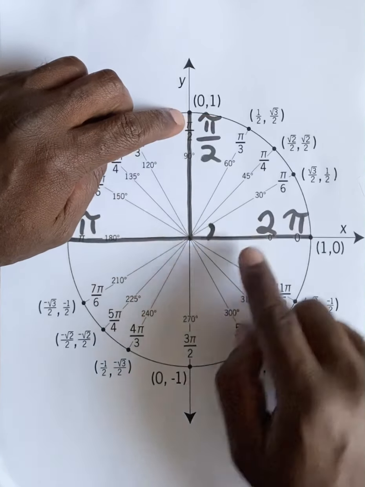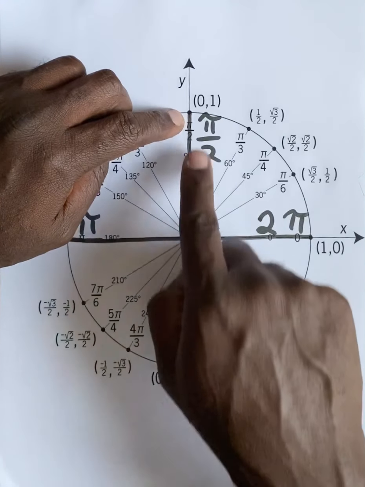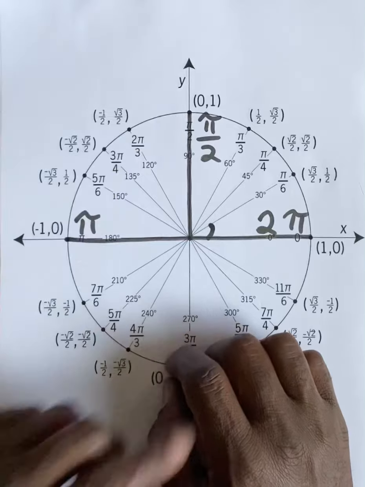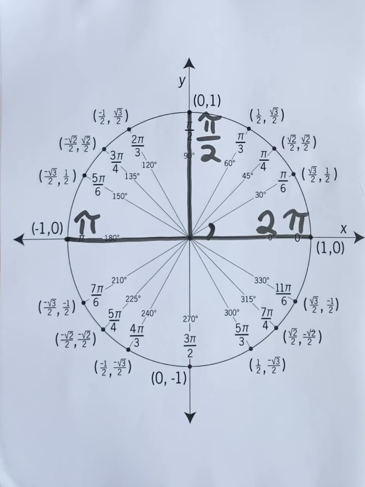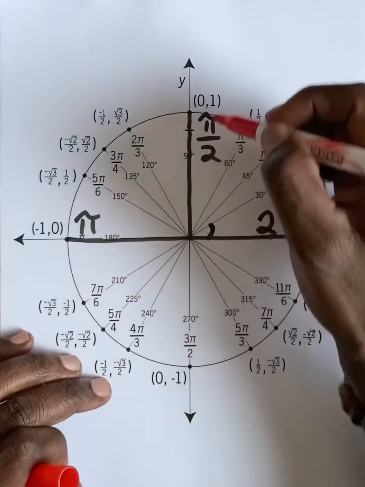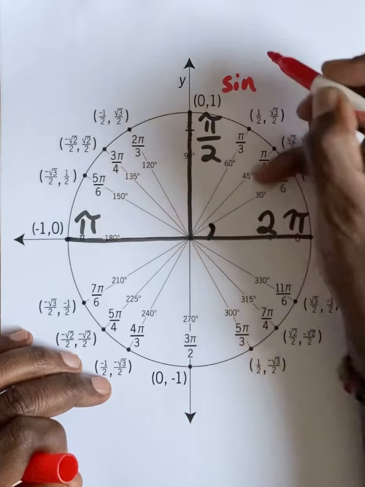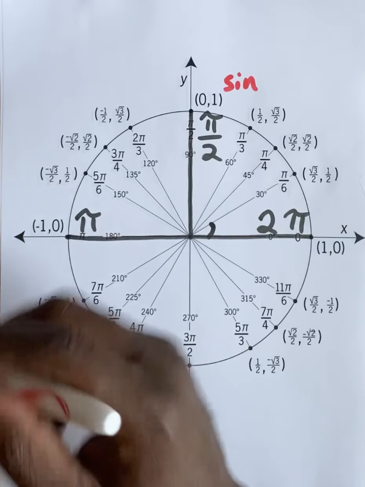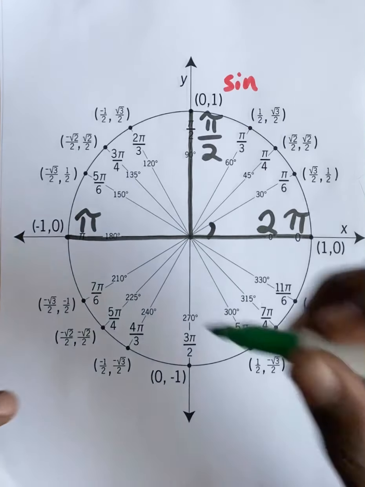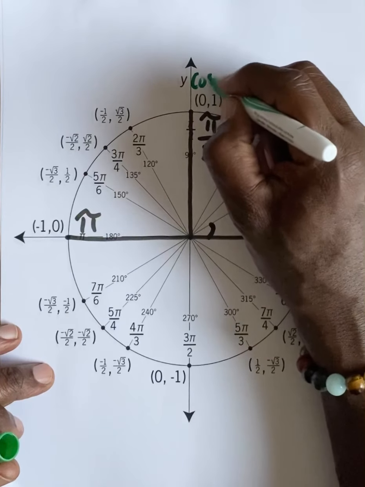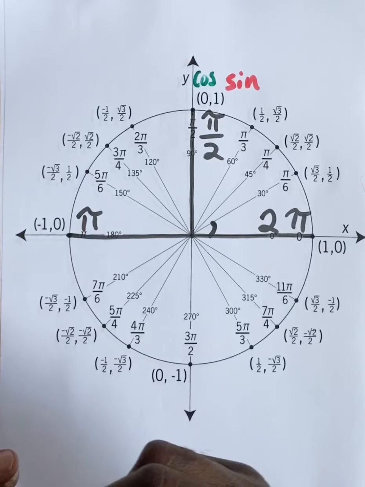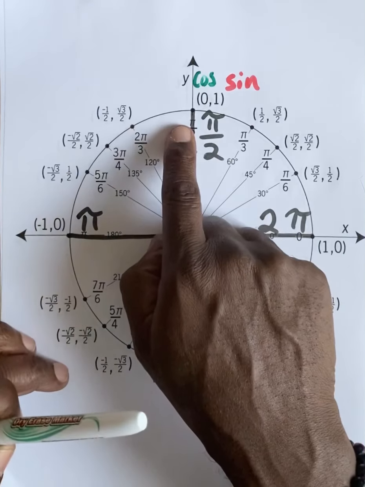But 0 is the x coordinate of this point. We can call 1 sine. We can call 0 cosine.